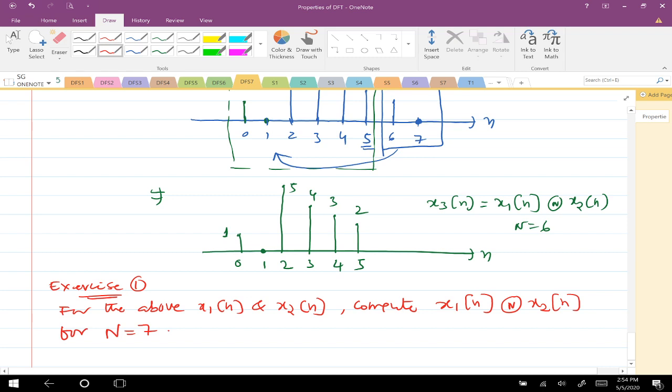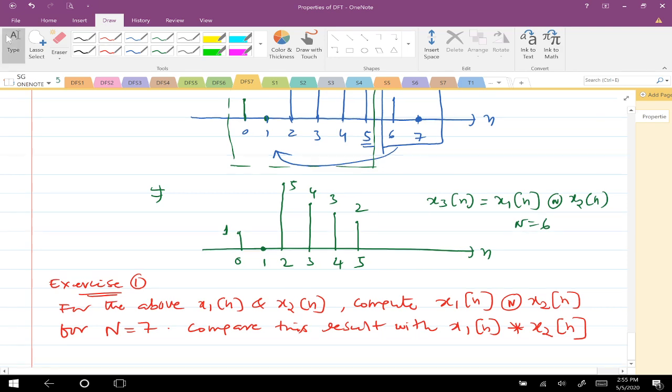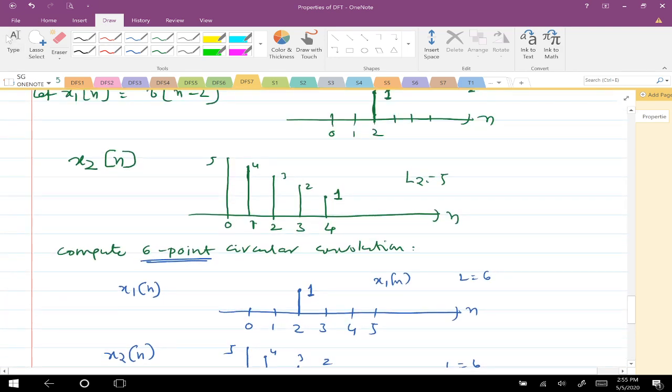And I have one more extension here. Compare this result with x1 of n convolved linearly with x2 of n. Check if there is any relationship existing here. You draw it and check it out. Okay, that's all for this one.